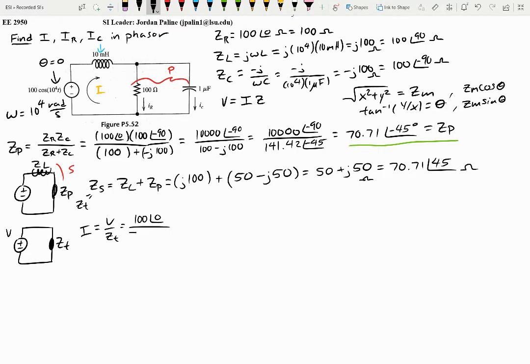Z of T, we said, was 70.71 at an angle of 45 degrees. When we divide that out, we'll get 1.414 at an angle of negative 45 degrees, and that's in amps. Okay, so that's the first I.